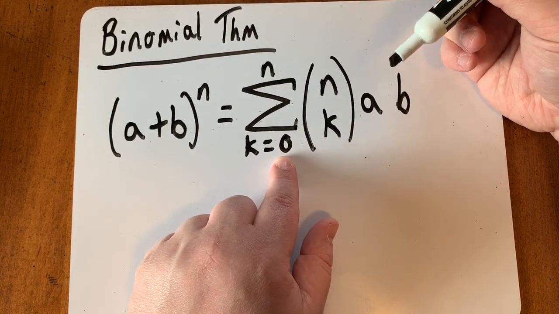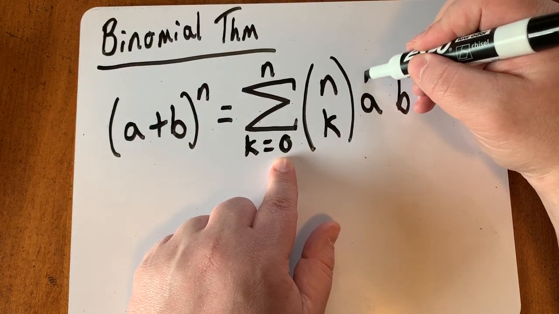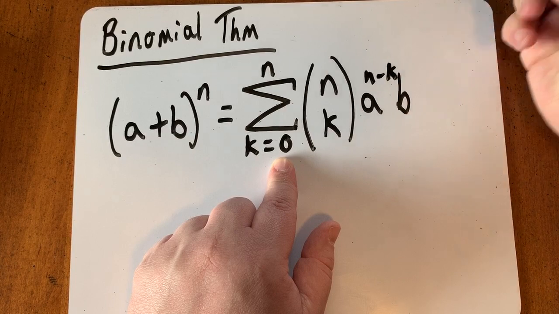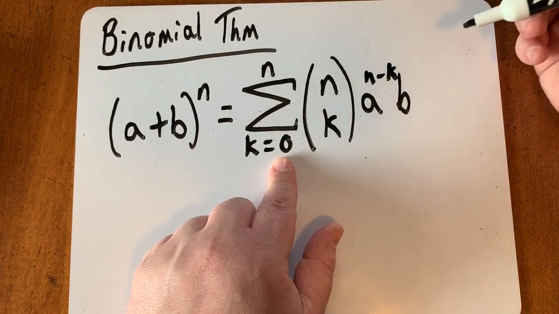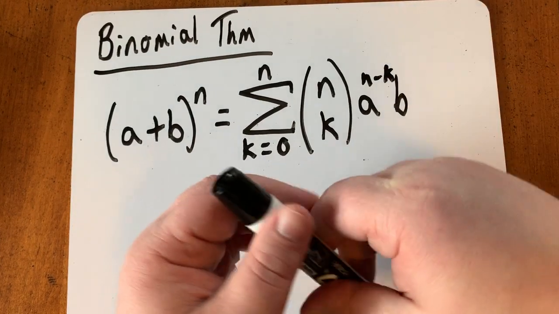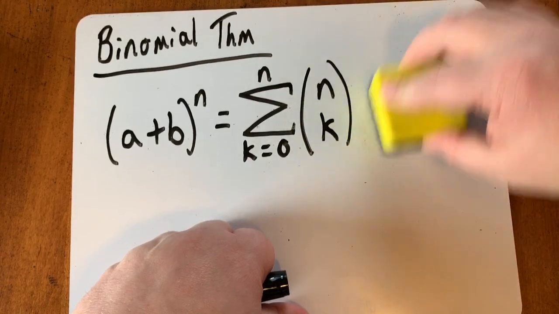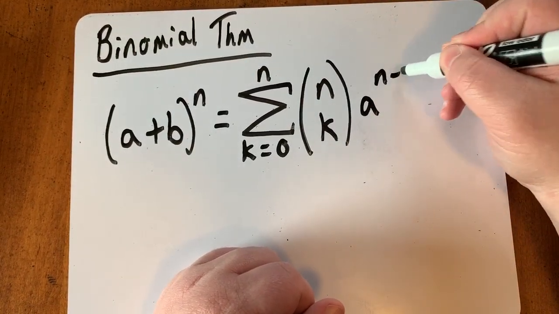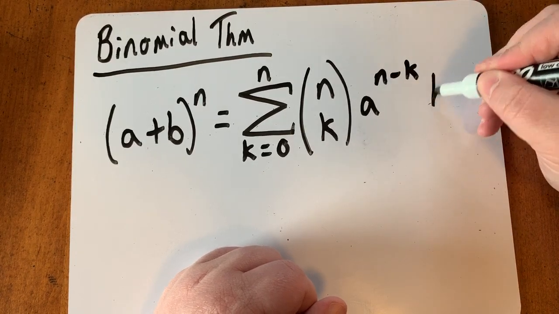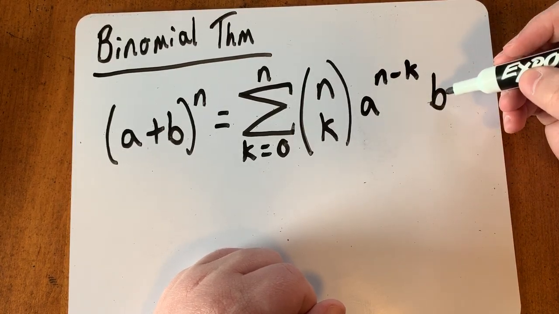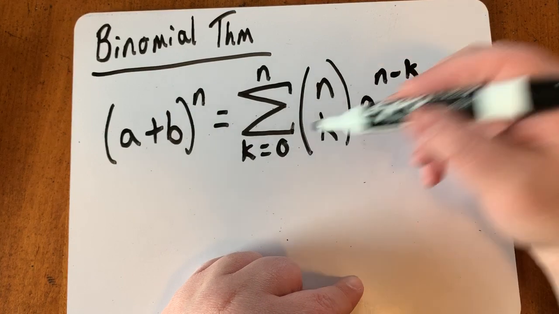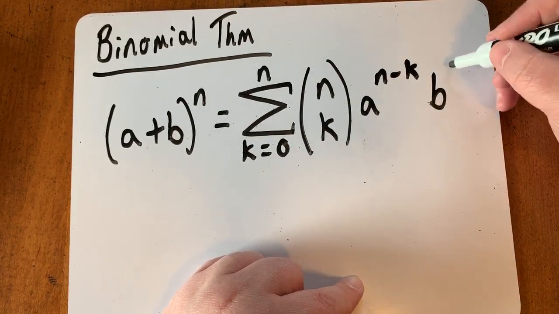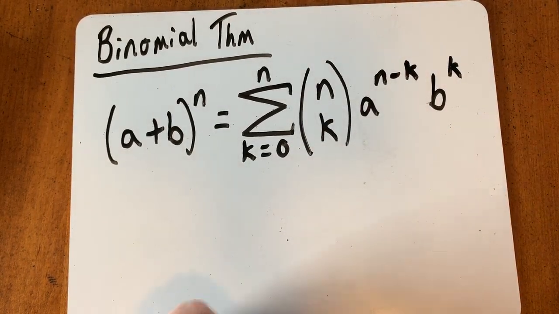Well, that's what k is progressing as. So it'd be n minus k as your power on a. I'm just going to spread this out a little bit. And then for b, the power started at 0 and increased, so it's k.